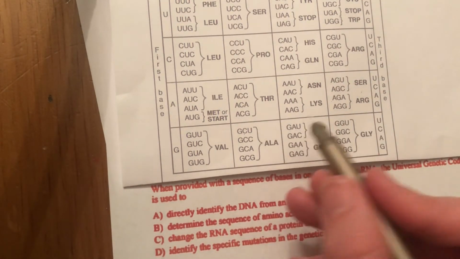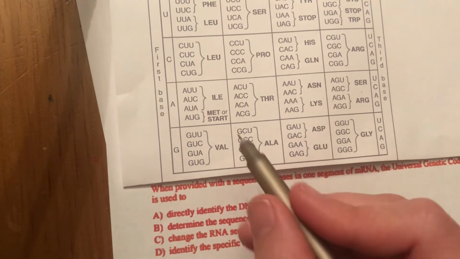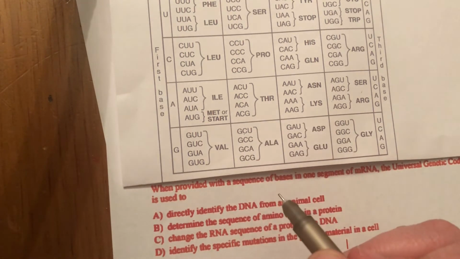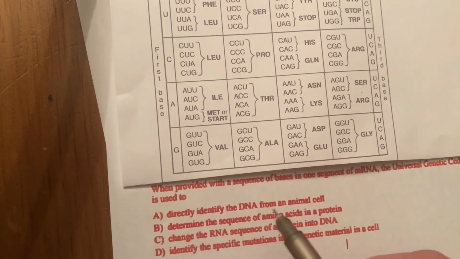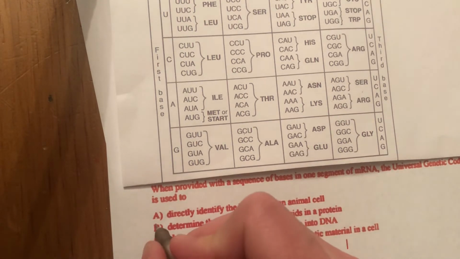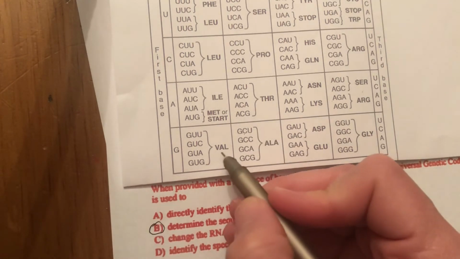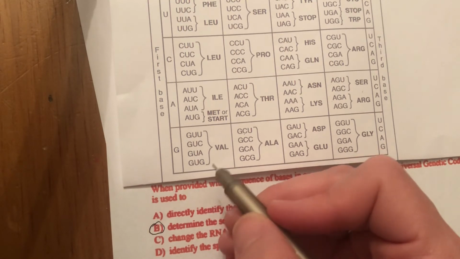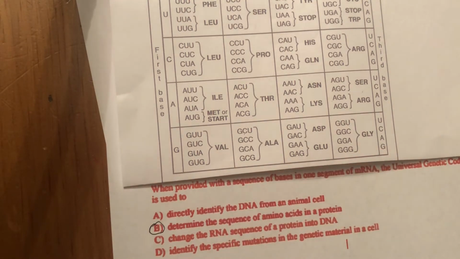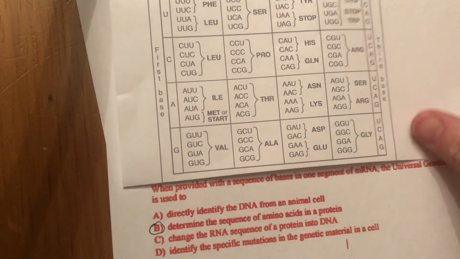That's not what this chart is for. The chart is for helping you to identify what amino acid to put in a sequence. Determine the sequence of amino acids in a protein. Yes, that's the answer. These are amino acids. There's 20 different types. These determine what order they go in, and that will determine your protein, and then the protein shape will form, and then the protein can function. That's the whole point. Moving on.